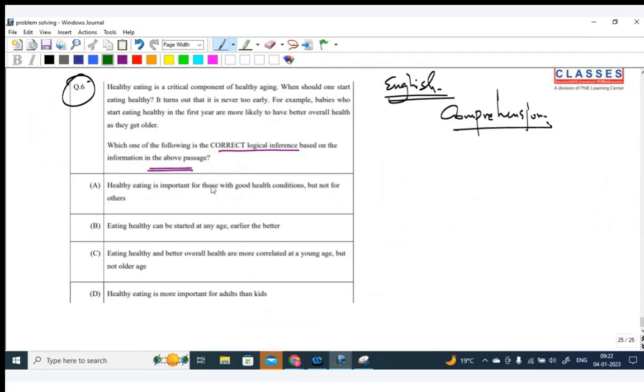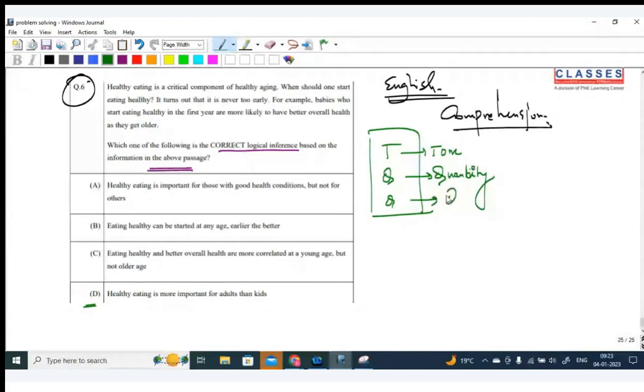Now for this question, you read the option first, okay, read the option first, and while solving this kind of question you have to remember these three concepts, okay. Tone, quality of the passage, because in the GATE only short passages will be given, and quantity.